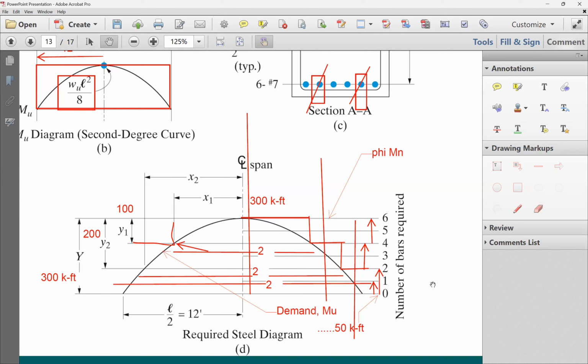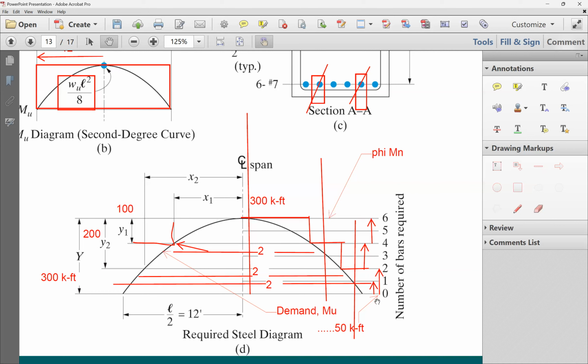Yes. Your capacity line is right here. If you just keep all rebars, it's going to be running across, right? Right. The capacity line is going to be here. So what I'm trying to do is to start to curtail the rebars, which means cut them off at certain locations.